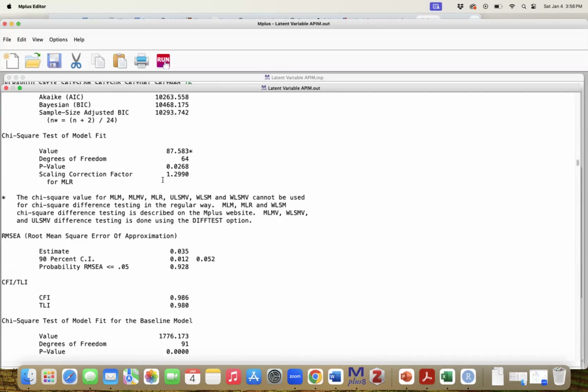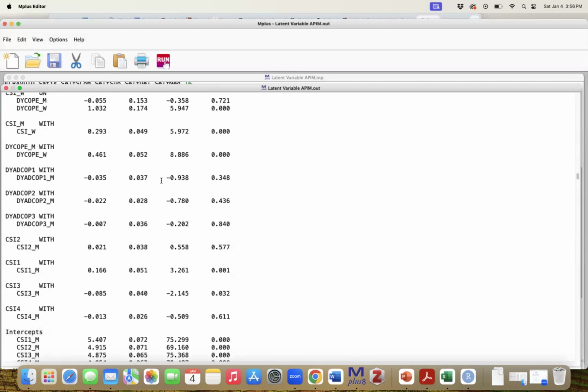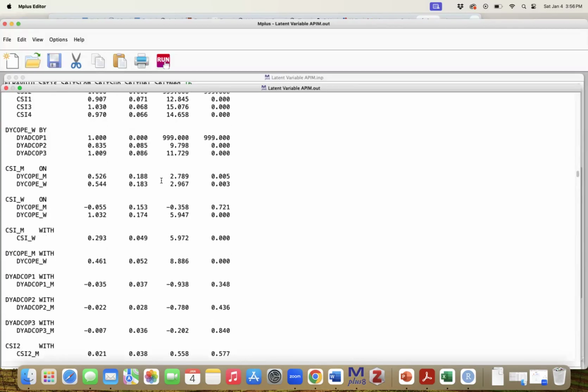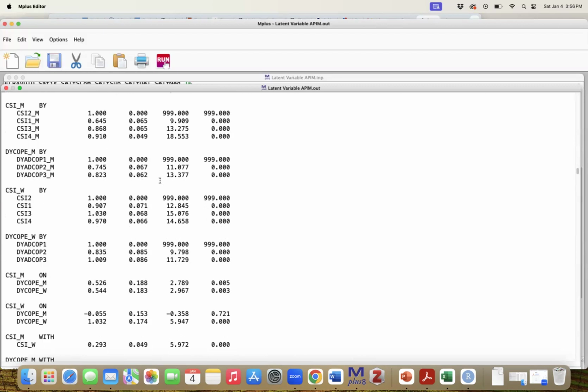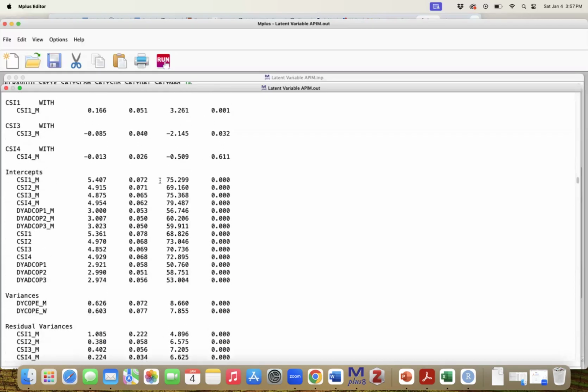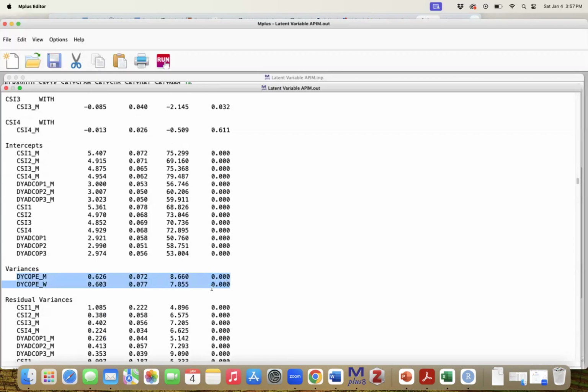So given that, we'll scroll up. And technically, you want to look at your unstandardized results because once you put things on a Z-score, you're going to be Z-scoring it for men and Z-scoring it for women. And even though we are using an item that is invariant, and the variances of the latent variables are going to be roughly the same, really, really close to one another, as you can see, technically, by z-scoring it, you're going to be dividing by two different numbers.